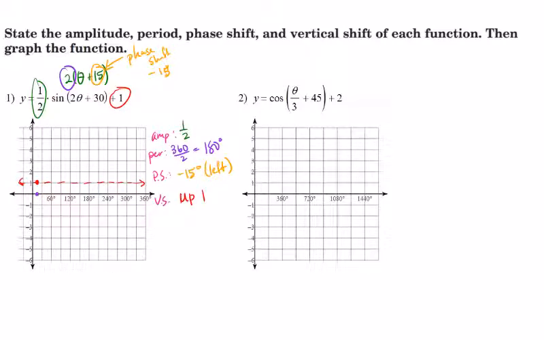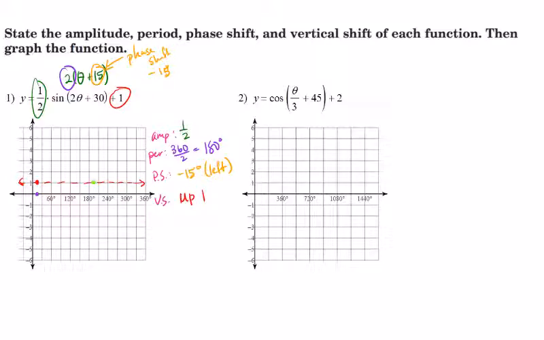All right, and then the period is 180. So let's see, 180 is right here, but since I started at 15 here, I'm going to move over just a little bit more than 180 to about 195 or so, right? So that's one full period.